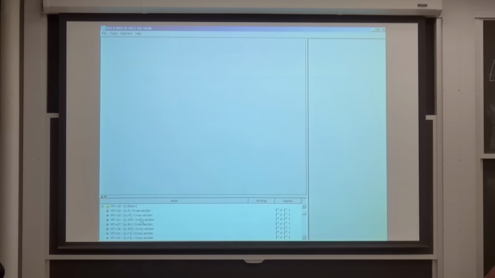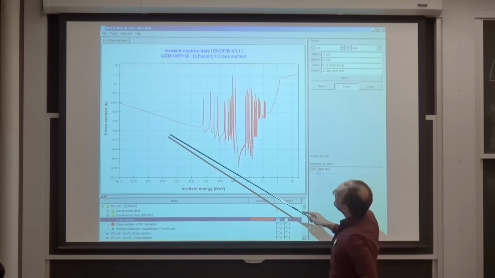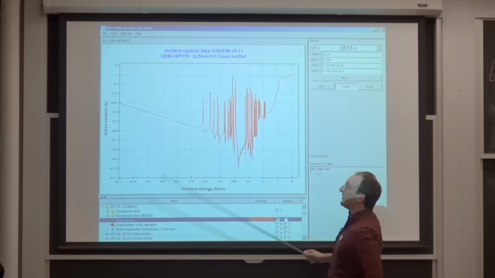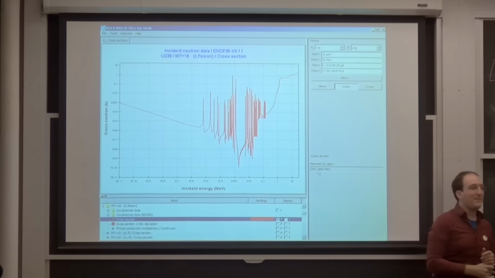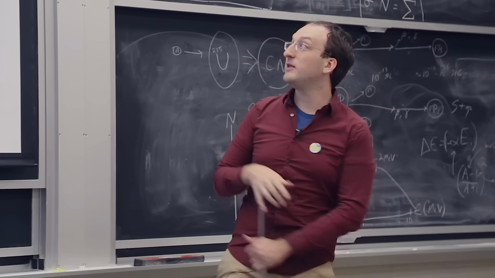So we'll go down to number 18 to fission cross-section. Very, very different. So U-238 is pretty terrible at fission at low energies. It's pretty good at capturing neutrons. This is where we get plutonium-239, like you guys saw in the exam.